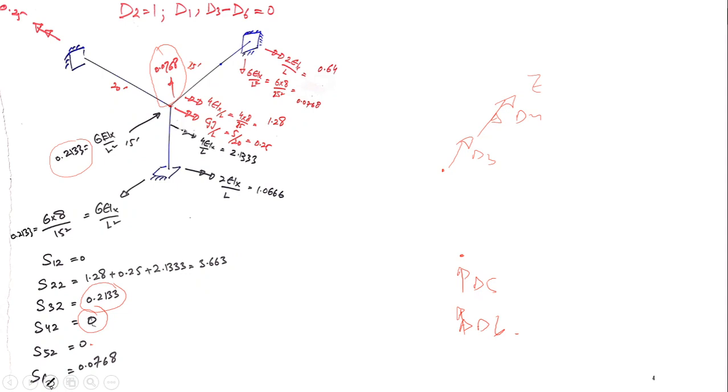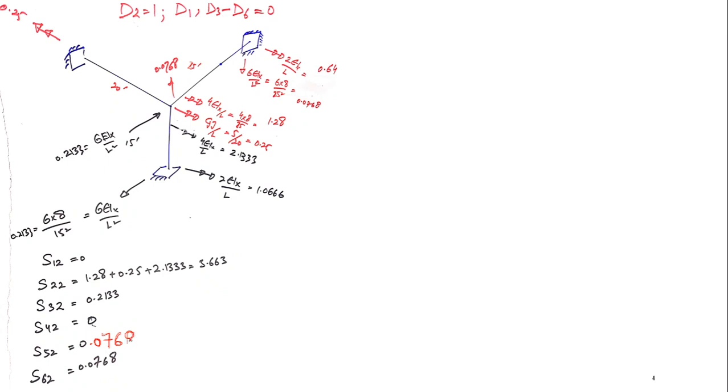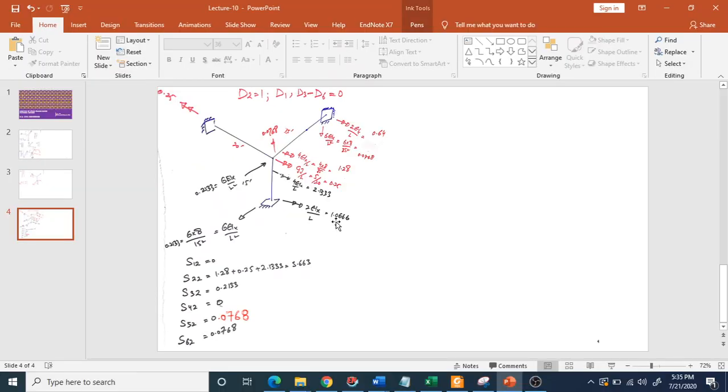So let me clear it. This is 0.076. Why have I written this 0.0768? Because this is along D5. So I am going to save it. So it's saved now.